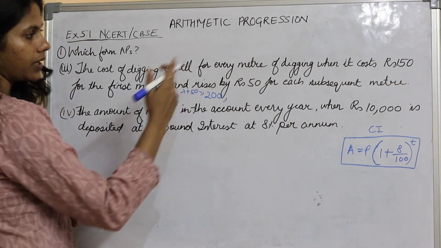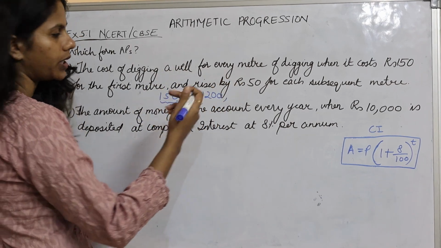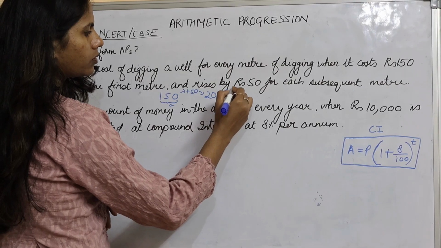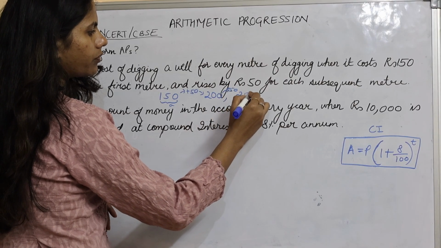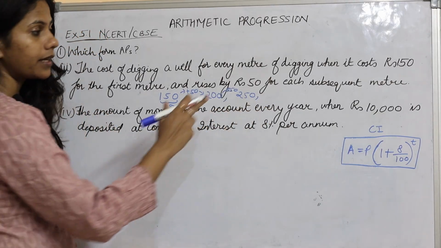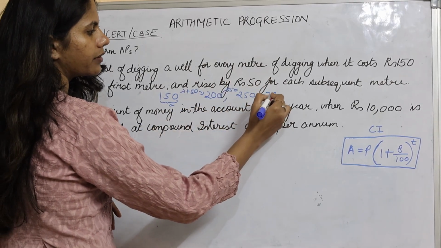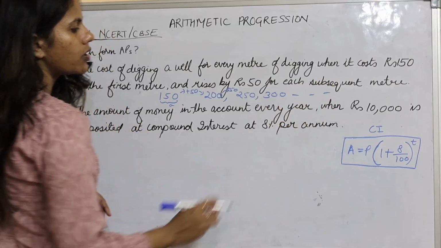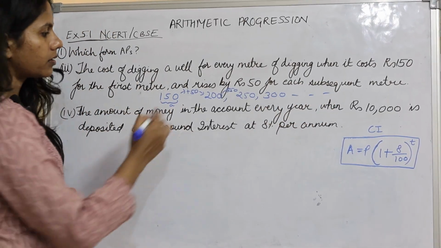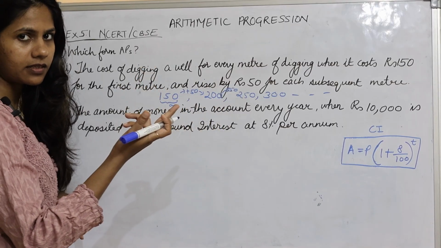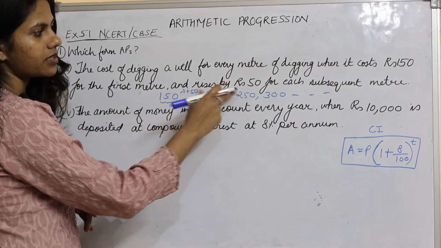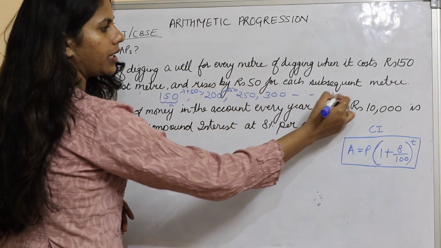Again they are saying 50 needs to be added, so plus 50, it will be 250. Now we'll again add 50 to it, it will be 300, and so on. So it's very evident that we are adding 50 every time and getting the next term. So the difference is constant, it is an AP.